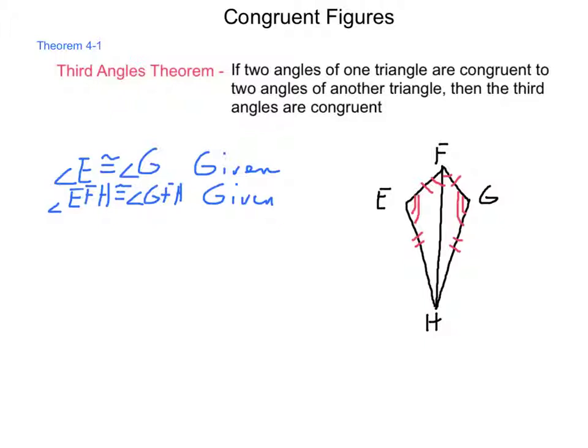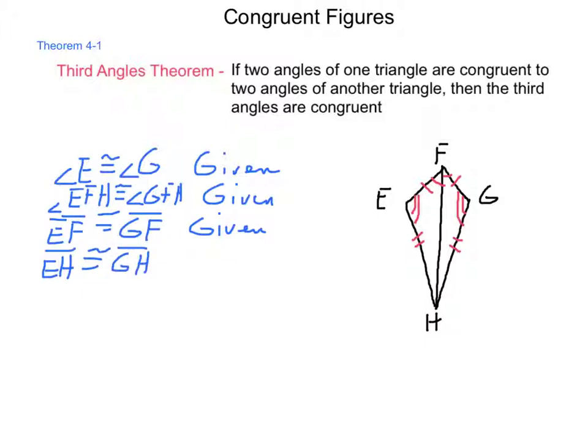We have EF is congruent to GF, given. And we have EH is congruent to GH. And again, that's a given.